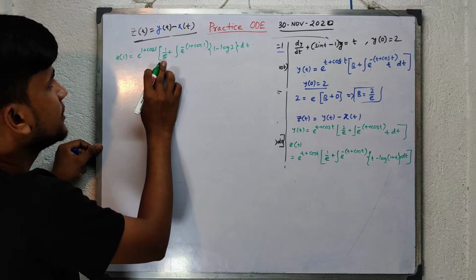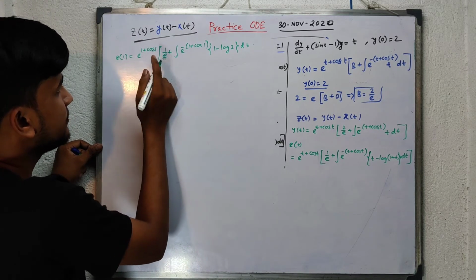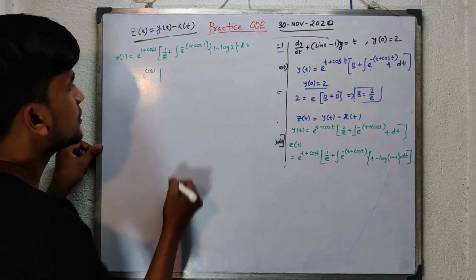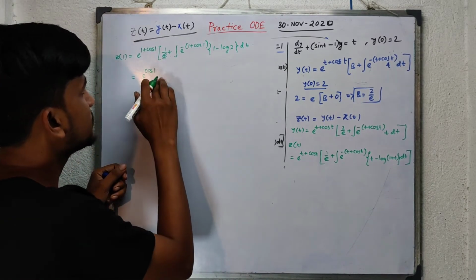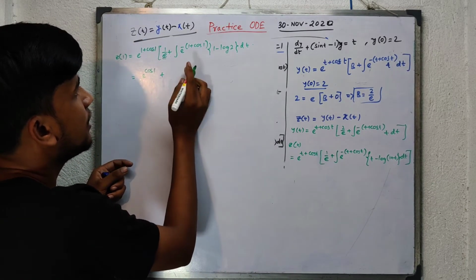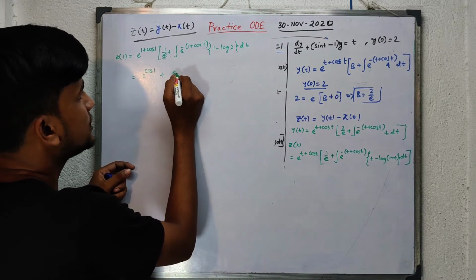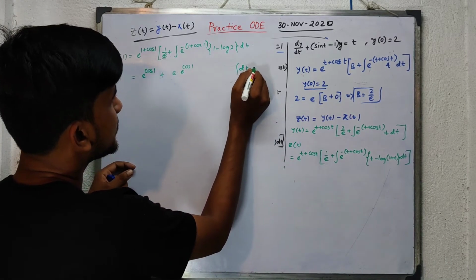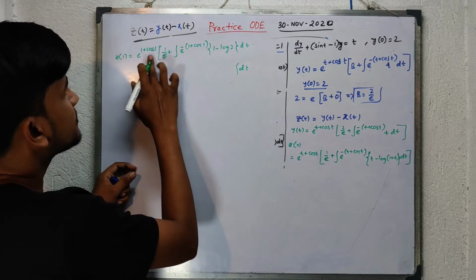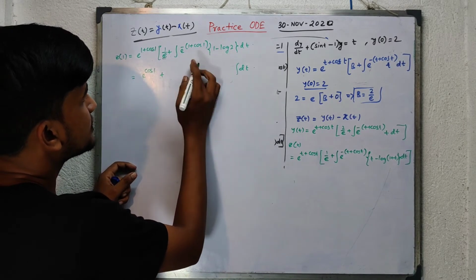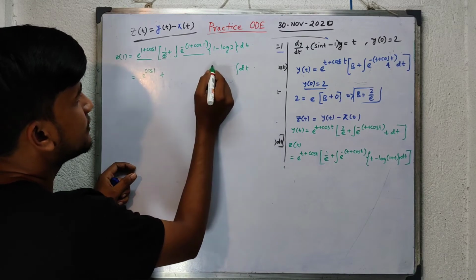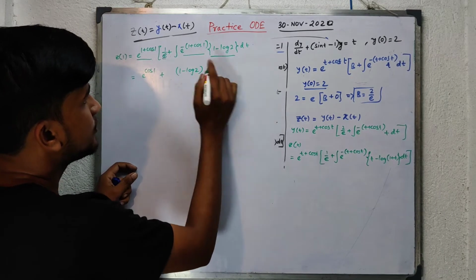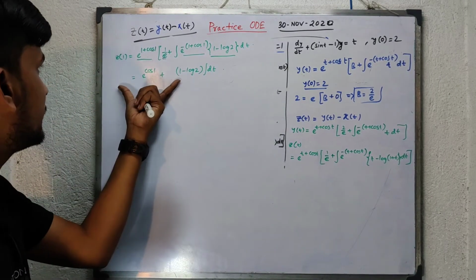If we multiply these terms, the e cancels, so we get exponential cos 1 plus exponential cos 1 times the integral of dt, these terms being constant. Outside the integration these two terms cancel, so the term is simply 1 minus log 2, and the integral of dt. So this is the value of z(1).